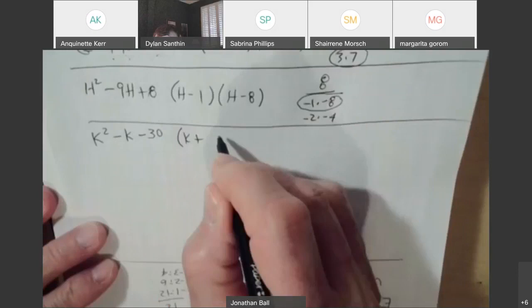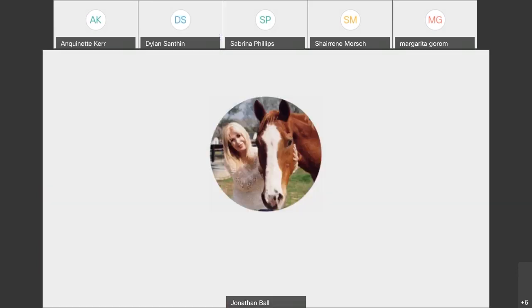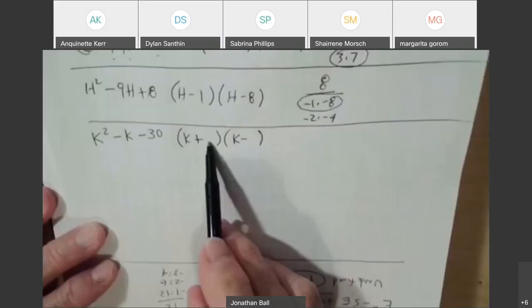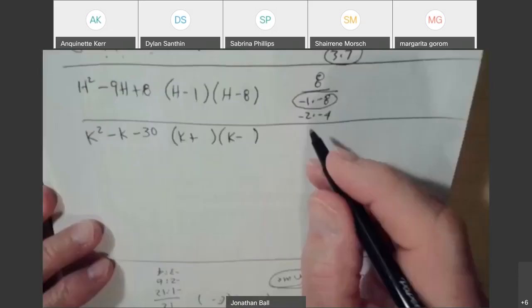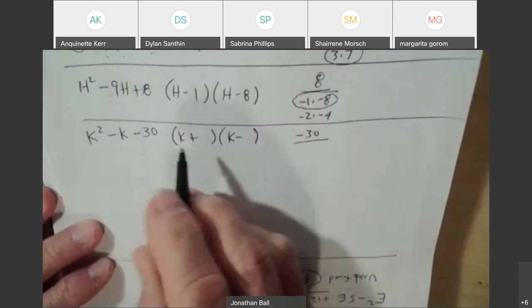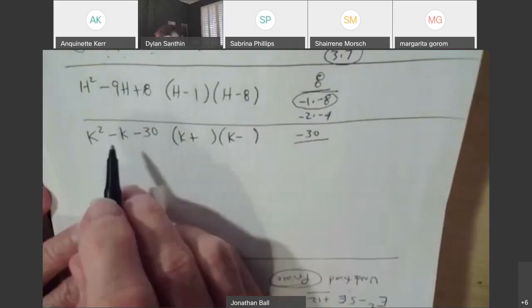I'll tell you what you can do when you get to this point: ask yourself, a positive times a negative is a negative, right? Now, what are the factors of -30 that combine together to give us -1?